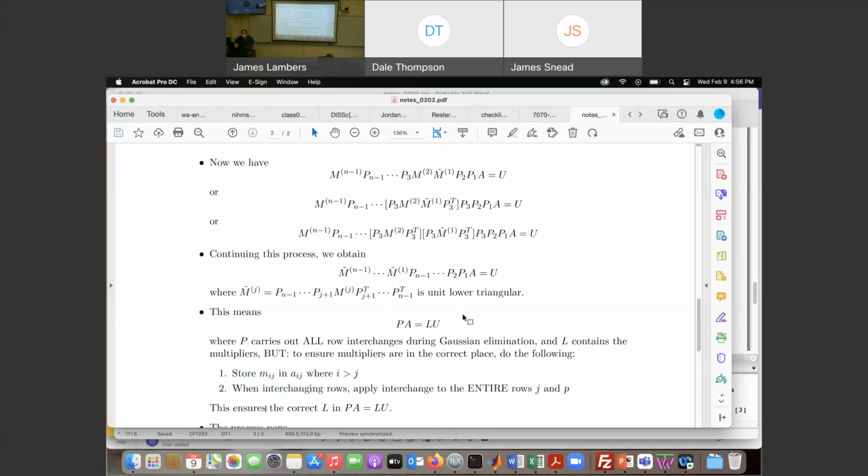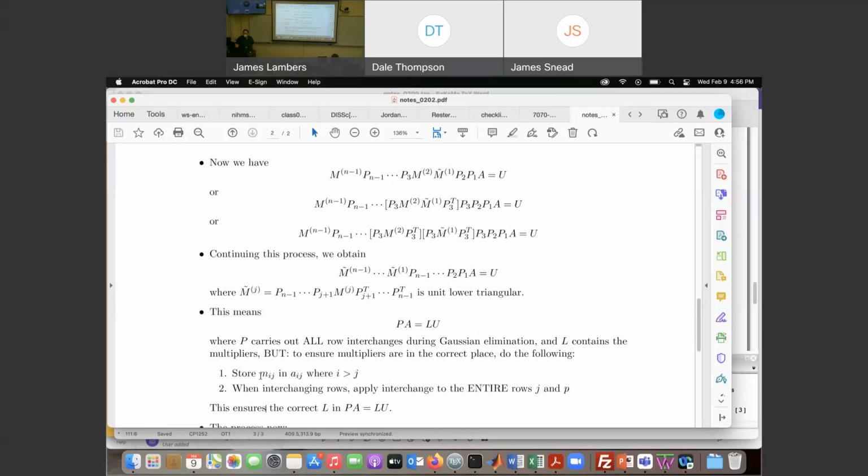When you discover that you must do a row interchange, say you're working on column J, and in your row echelon form, everything in the relevant rows to the left of column J is already 0. But you're also storing the multipliers in the lower triangle.